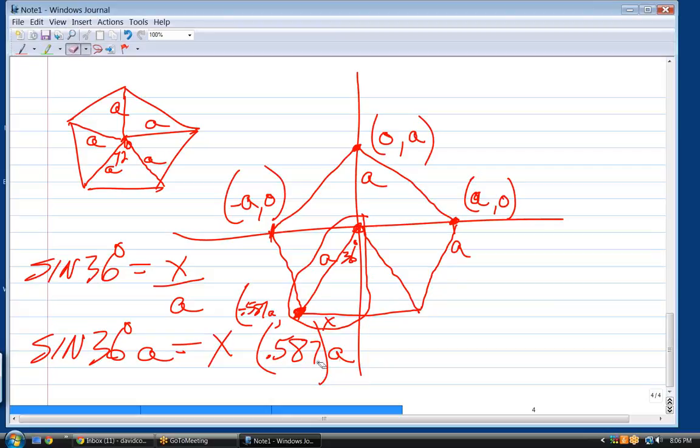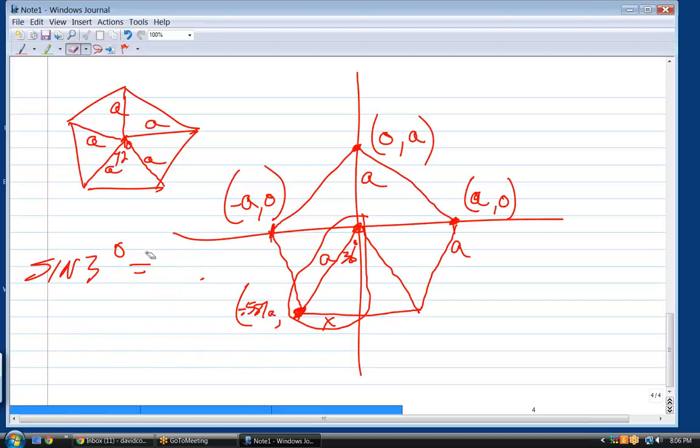And likewise, to get the y-coordinate, what equation can I write? A trig equation. There's the y-coordinate. We're trying to relate y with a and 36 degrees. Okay, so cosine.